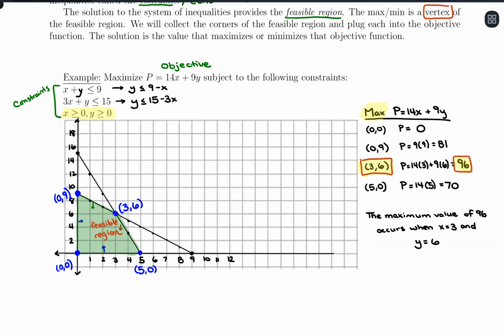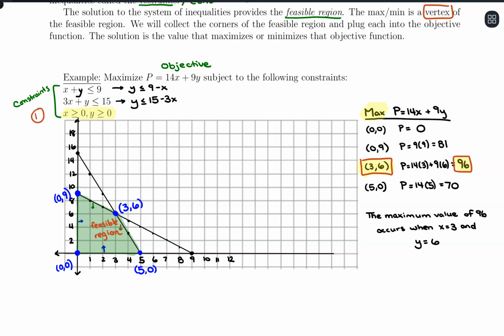All right, let's talk through these steps one more time, and let's just get some steps that you're going to follow with each of these scenarios. And then when we get to word problems, part of it will be forming these equations here. So first thing we do is graph the constraints, which is going to be graphing a system of linear inequalities.